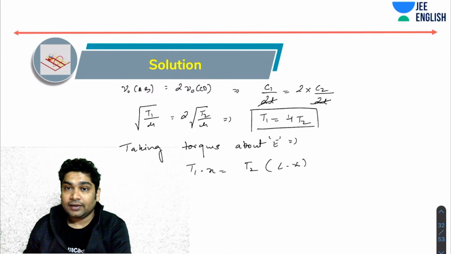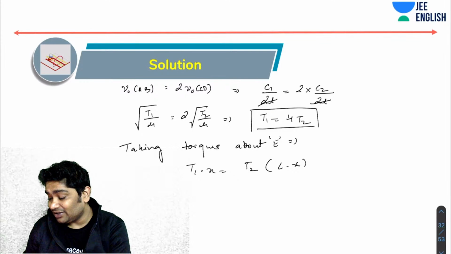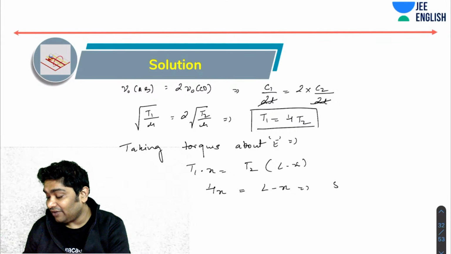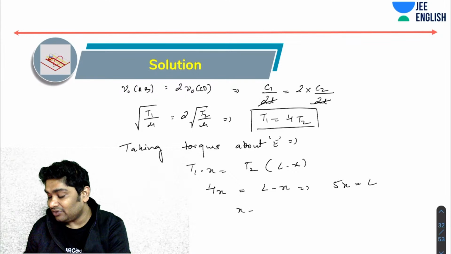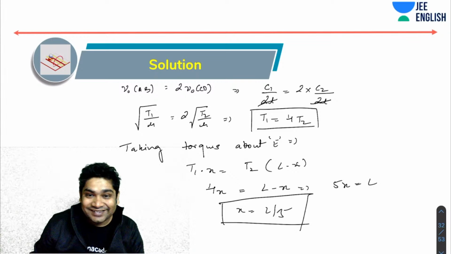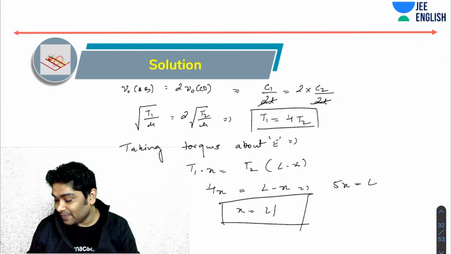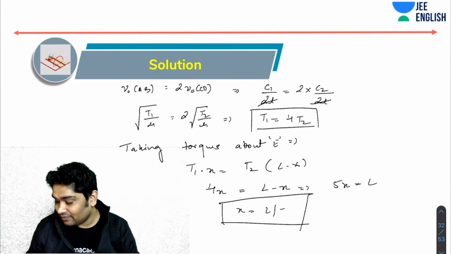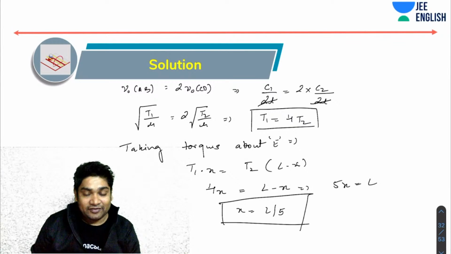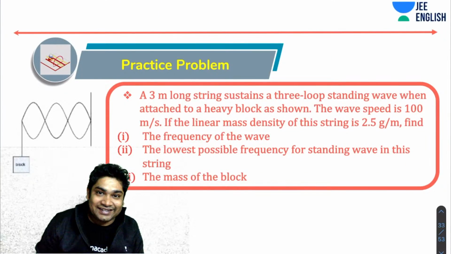Correct? That is very, very simple. Now I already know T1 equals 4T2, so 4X would be equal to L minus X, or I can say 5X equals L, or X equals L by 5. So yes, very well done. L by 5 is the correct answer. Well done, Tanya. Well done, AP. Great, you guys are getting a hang of this.